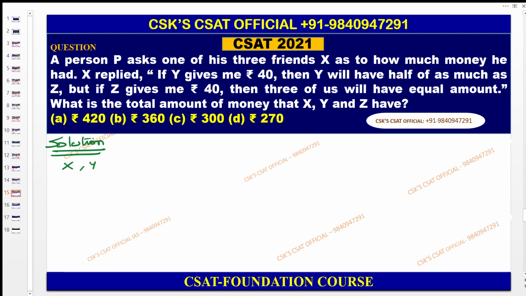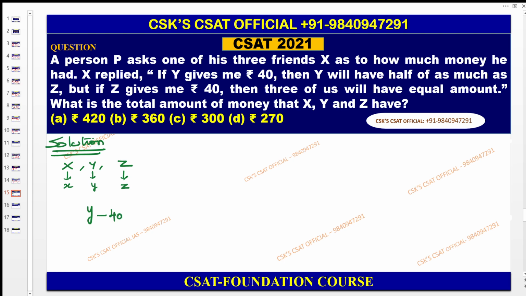Let us take X having X rupees, Y having Y rupees, Z having Z rupees. Now according to the data you can go on. First statement: Y gives me 40.